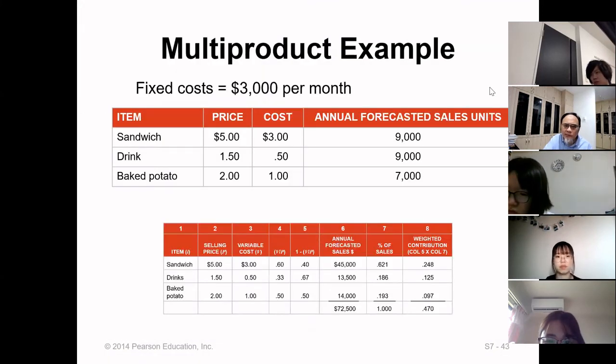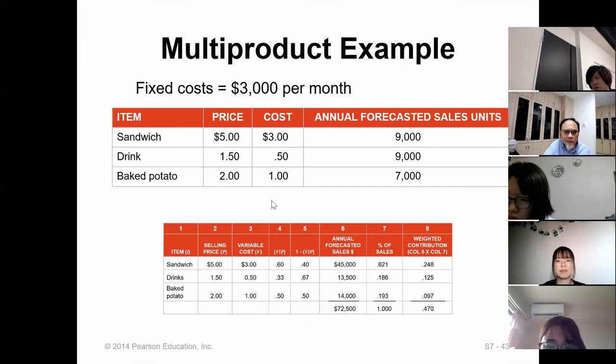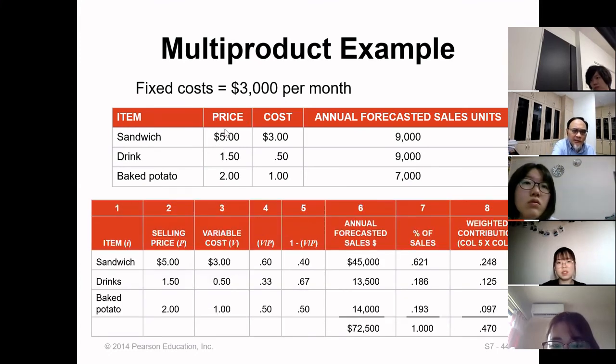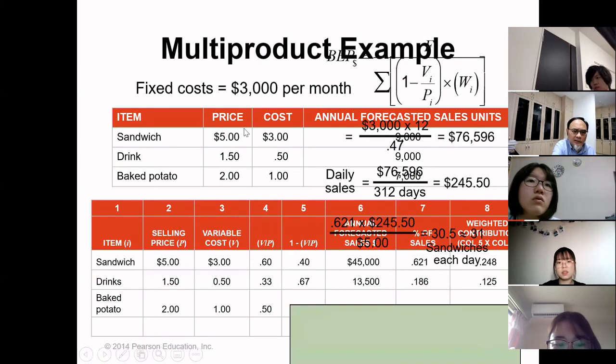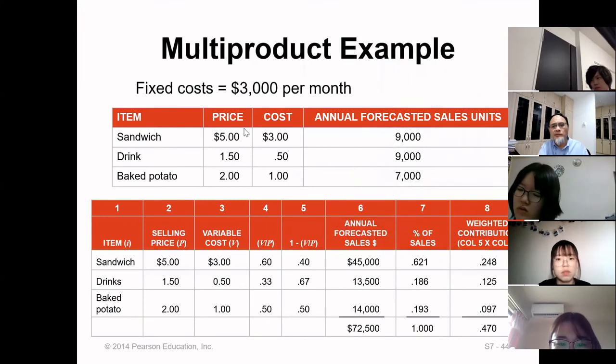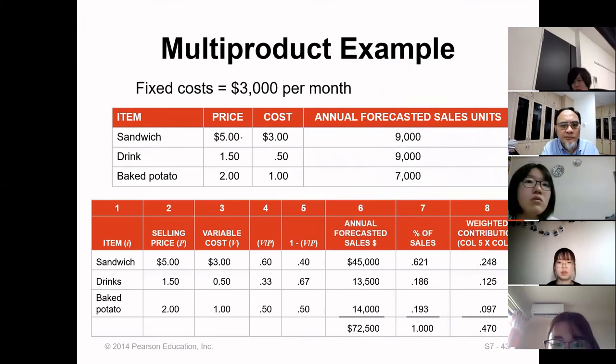Let's see this example. This example is a sandwich shop. This is the price for the sandwich.